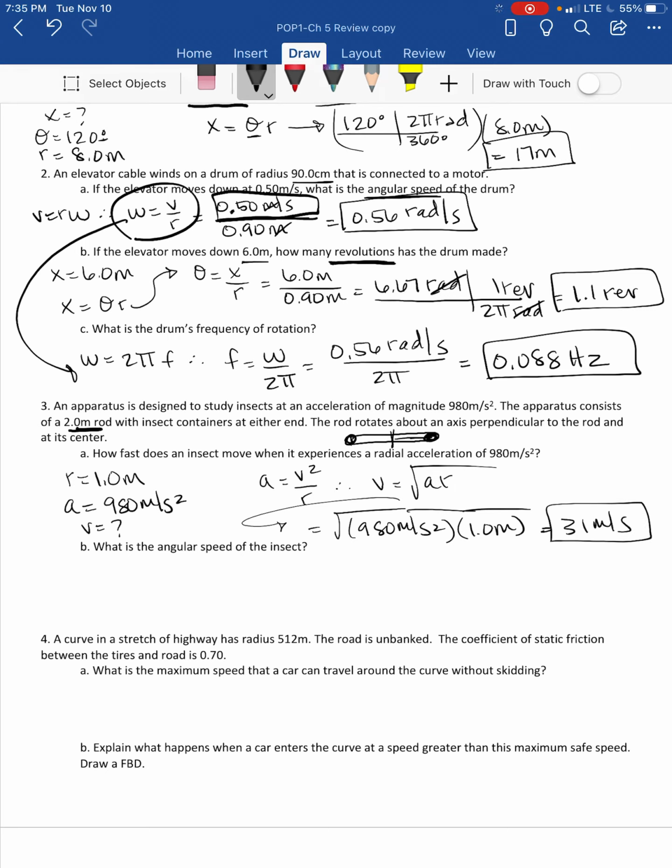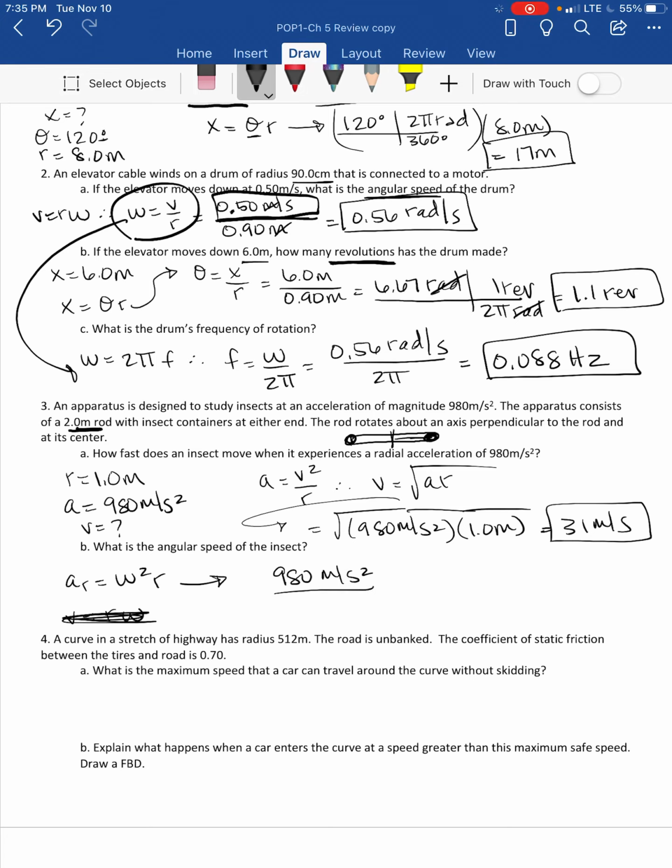So then it wants you to find what is the angular speed of this. So just to go through the other equation that involves radial acceleration, we'll do that. You could use this as well, but I want to use this one since we haven't yet. So we've got 980 meters per second squared.